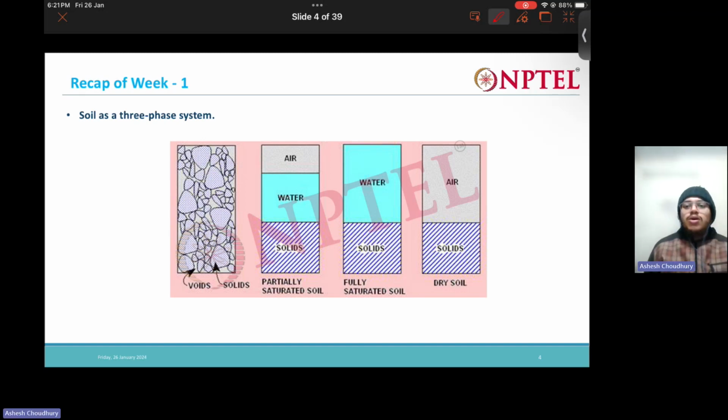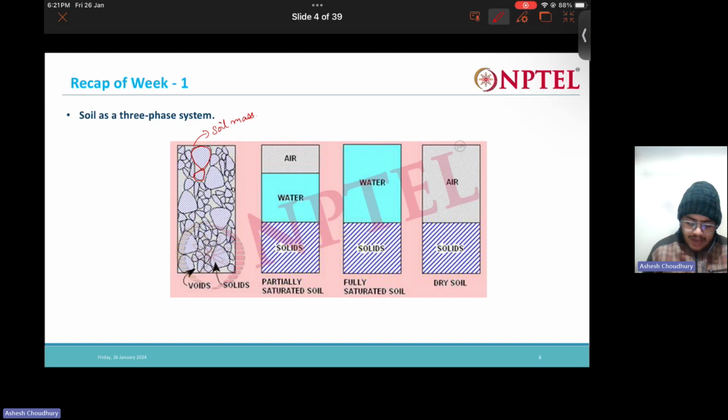So generally a soil, okay, here you can see we have shown a soil mass. Okay, the soil mass actually consists of three constituents: the soil solids, the water, and the air. Okay, so these grains actually form the soil solids.